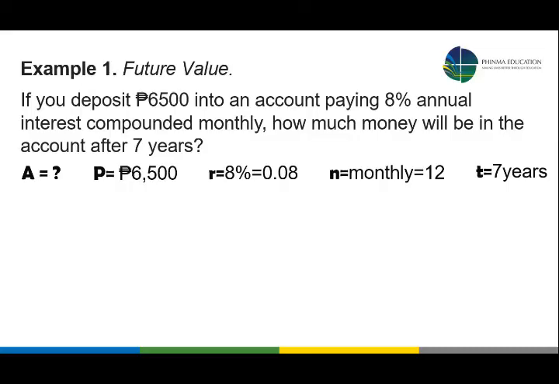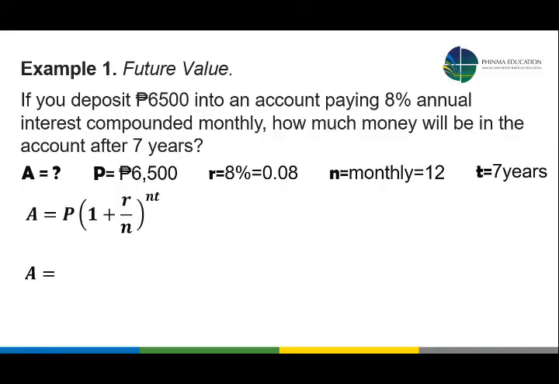To solve it, we're going to use the mathematical formula for calculating compound interest. That is A equals principal multiplied by the quantity 1 plus the quotient of rate and number of compounding periods, raised to the product of number of compounding periods and time.